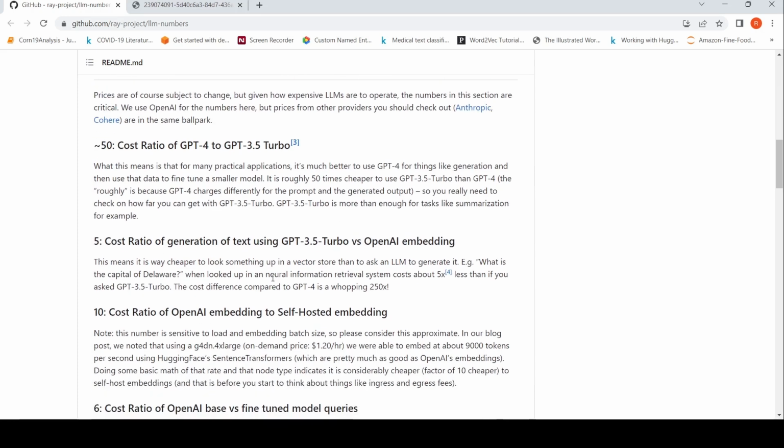So you can use embeddings to look up rather than use GPT 3.5 turbo to generate. The cost difference compared to GPT-4 is a whopping 250x. So if you are looking at an information retrieval system, using OpenAI embedding could be 5x cheaper than using GPT 3.5 turbo. That is the idea over here.